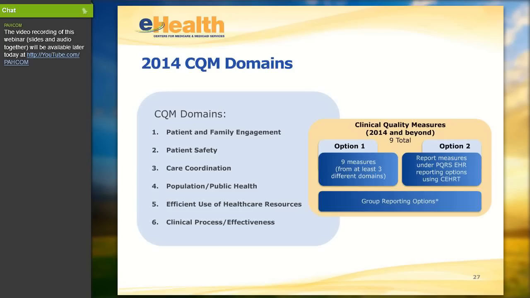But if you choose to select any 9 from a total of 64, then you just want to make sure that you have these different domains represented. It will be easier than you think when you do this in attestation, because in attestation these are broken down by domain, and the system won't let you proceed forward unless you have at least 3 of the domains represented. But you can also go onto our website and look at the clinical quality measures and the domains they fall into right now if you want to start planning for that.